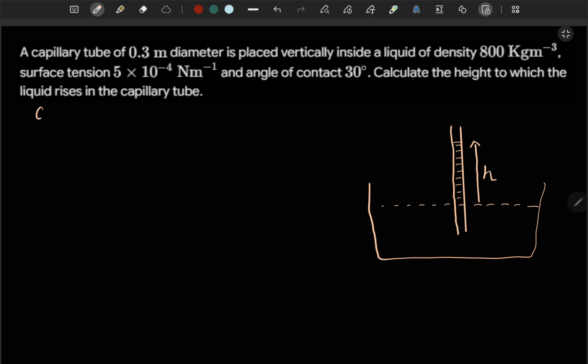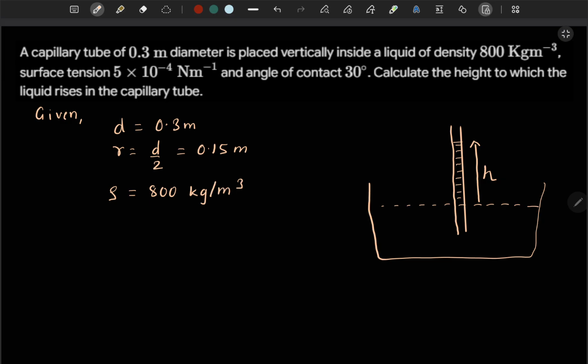So here the given quantities are: diameter of the tube is 0.3 meter, so radius is half of the diameter, that is 0.15 meter. Similarly, density of the liquid is 800 kg per meter cube.